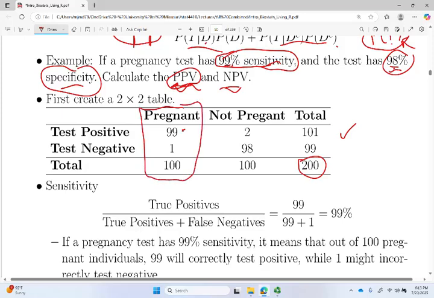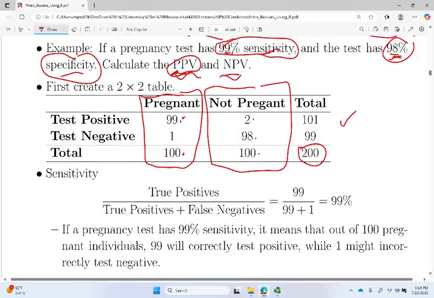So if we put 99 here and then divide by 100, that is sensitivity. So to create the 98% specificity, we have 98. We put 98 here and we divide by 100. That's 98% specificity. So that means we need 2 people here.